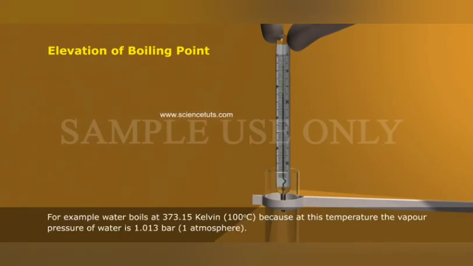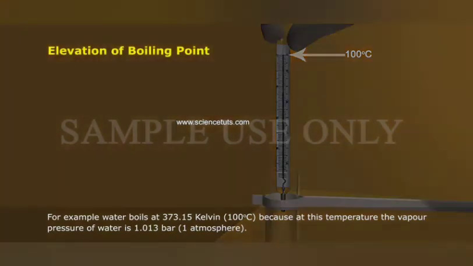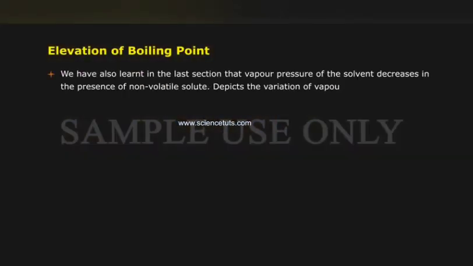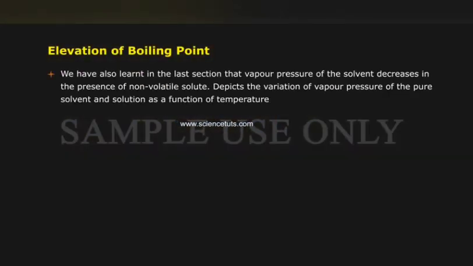For example, water boils at 373.15 Kelvin, equivalent to 100 degrees centigrade, because at this temperature the vapor pressure of water is 1.013 bar, 1 atmosphere. We have also learned in the last section that vapor pressure of the solvent decreases in the presence of non-volatile solute.